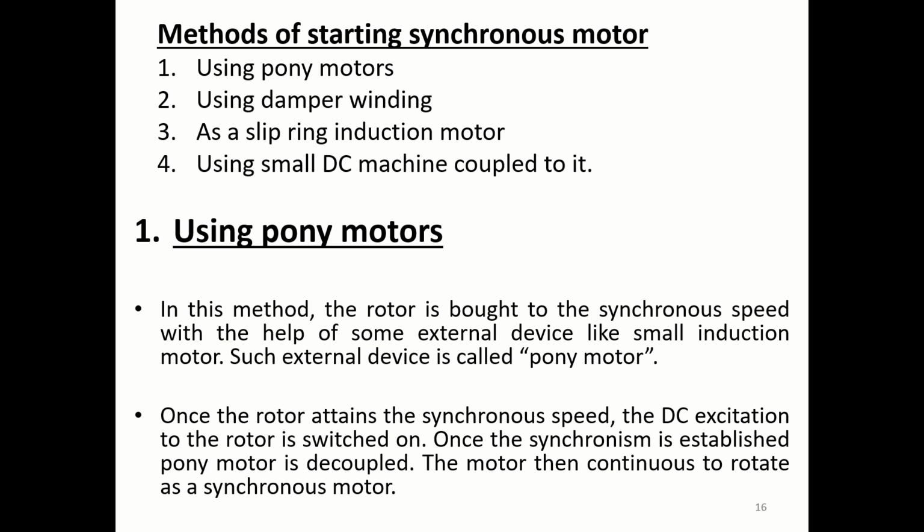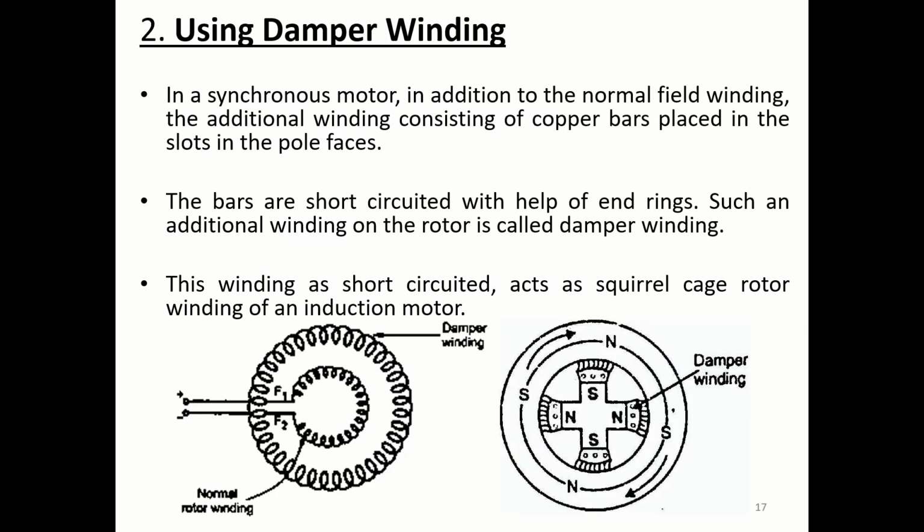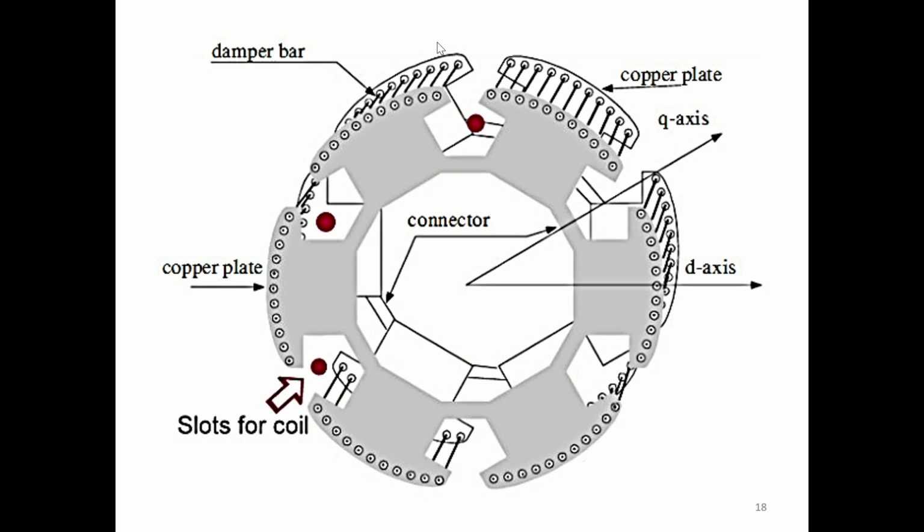Once the rotor attains synchronous speed, the DC excitation is switched on. Then damper winding: a damper winding refers to small copper bars fixed in the pole face. Initially the motor works as an induction motor, and once it attains synchronous speed, the DC supply is switched on.